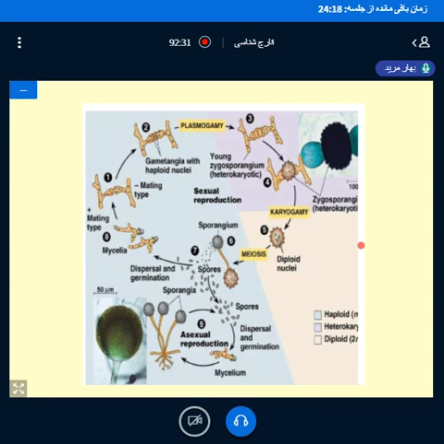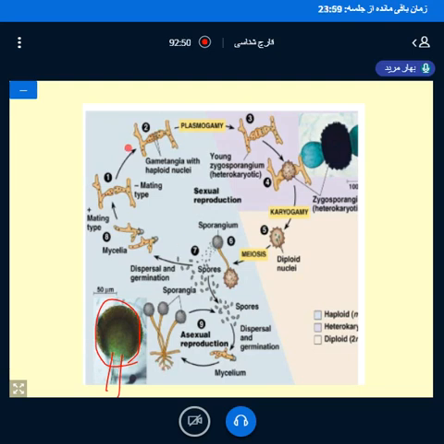Sexual and asexual reproduction in Rhizopus is shown in this slide. This is a sporangium and a sporangiophore. Asexual reproduction and sexual reproduction.